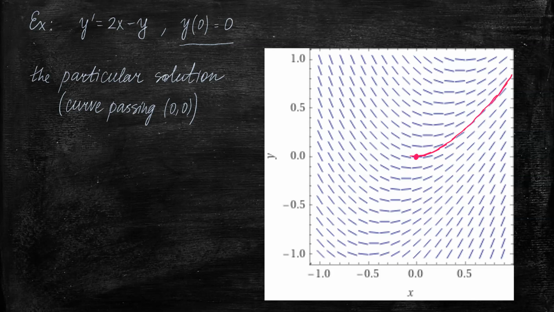Going to the left, it's going to curve in the negative direction, so something like this. Of course, it's not accurate, but at least it gives us the idea of what the graph of the particular solution looks like.